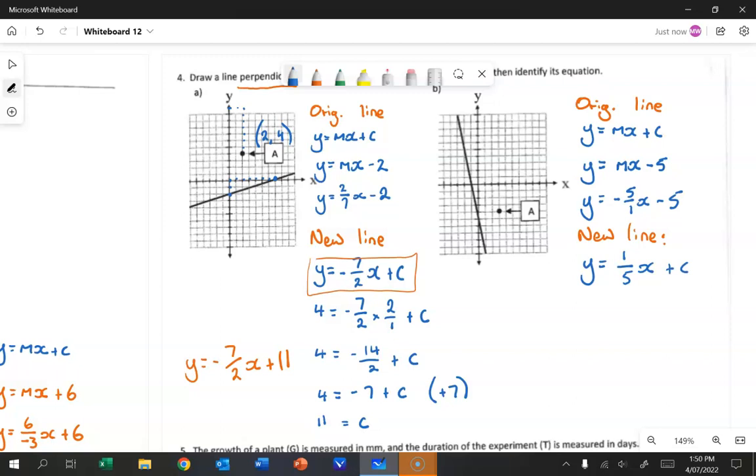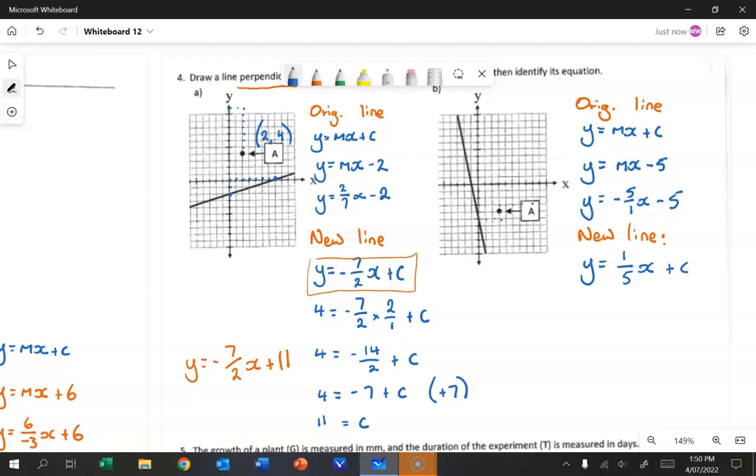Now what we could do is try and cheat, and try taking our point and doing a rise of 1 over a run of 5, or maybe we could try dropping 1 and running 5. We'll definitely miss the line this time, so there's no cheats way of doing this one. What we'll have to do is take the coordinates.